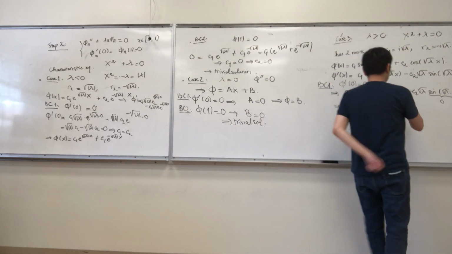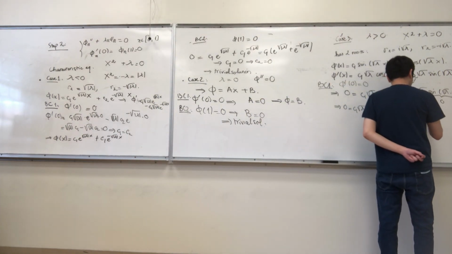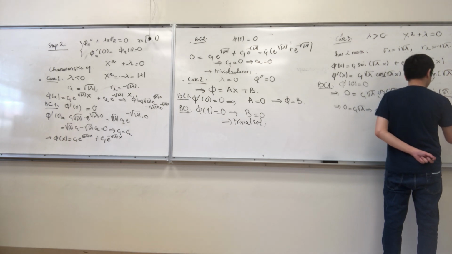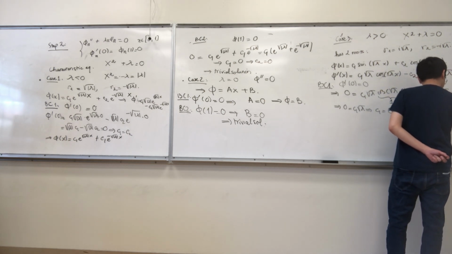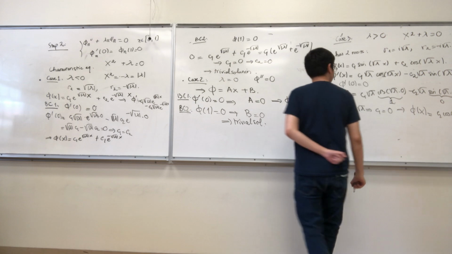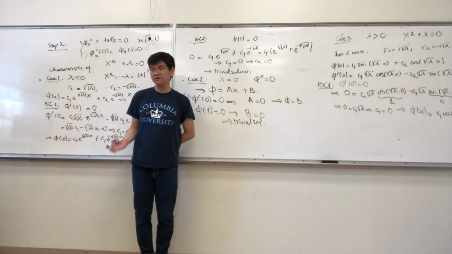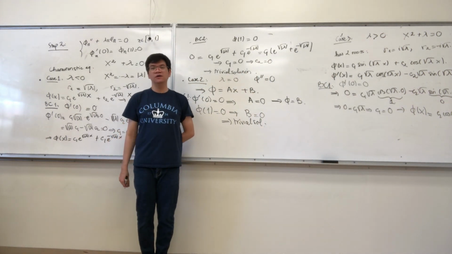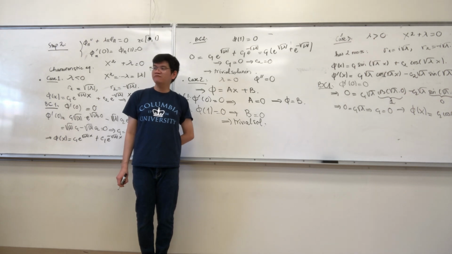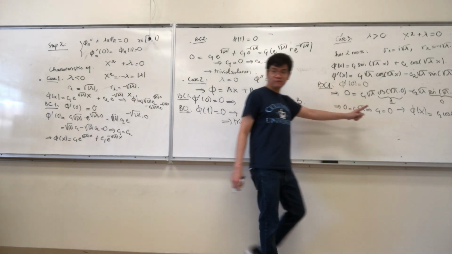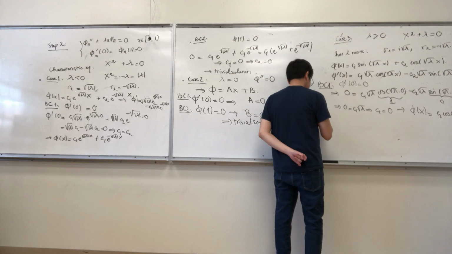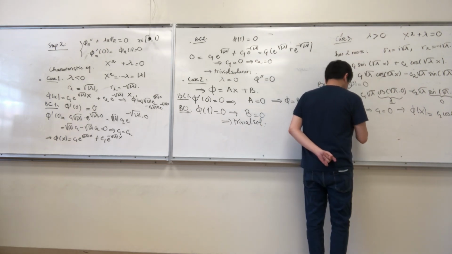So in this case, because C1 is 0, you have phi x is C2 cosinus of square root of lambda x. Because C1 is 0 already, I replace it into the form of phi, so the leftover is cosinus of square root of lambda x. Boundary condition number 2: phi 1 is 0.